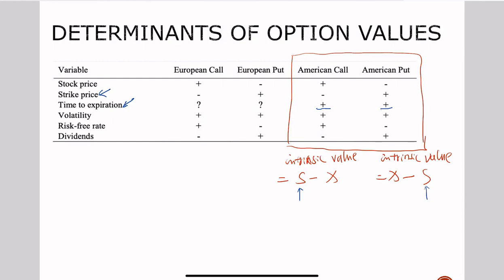Well, because we said the time value is essentially about possibilities. It's the volatility value. So if you have longer time, then it's more possible this market will move favorably, and it's more possible you will get a higher return, right? So that's why given longer time to expiration, call and put should be more valuable.